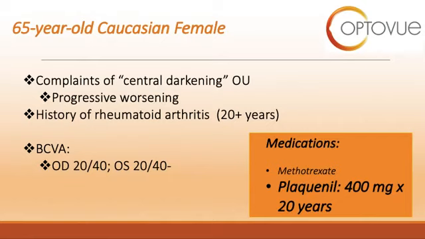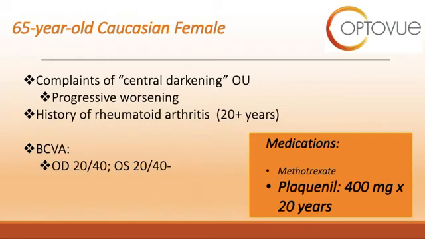She has a history of rheumatoid arthritis, and she's had it for greater than 20 years. Her best corrected vision was 20/40 in both eyes. Her medications are on that orange chart on the side. She was on methotrexate, and she was taking Plaquenil 400 milligrams, or 200 BID, for 20 years. So we're going to assess her specific risk factors as we move through this.